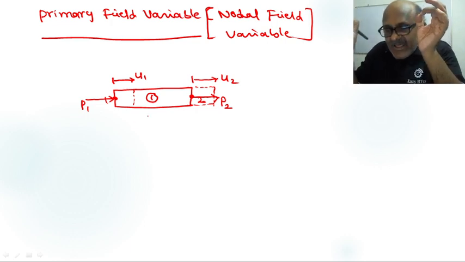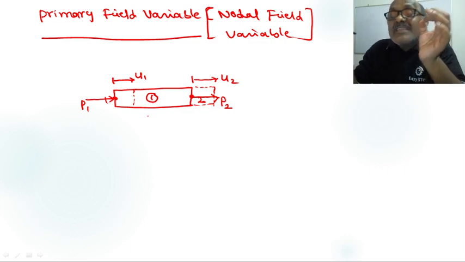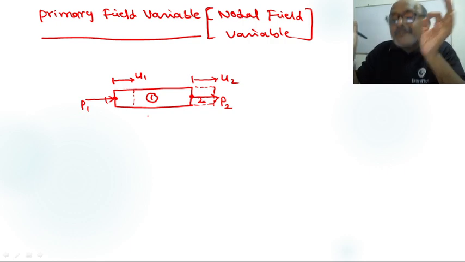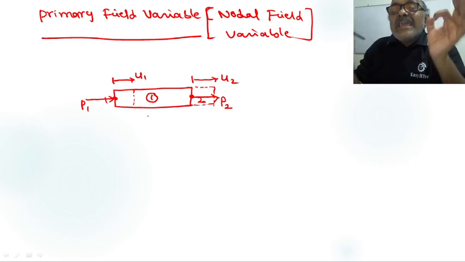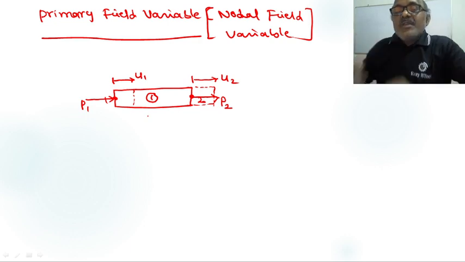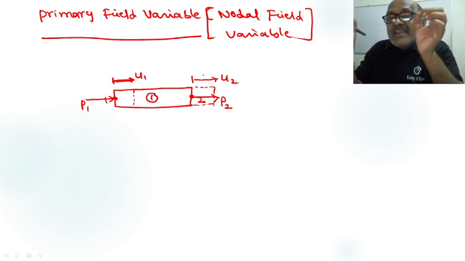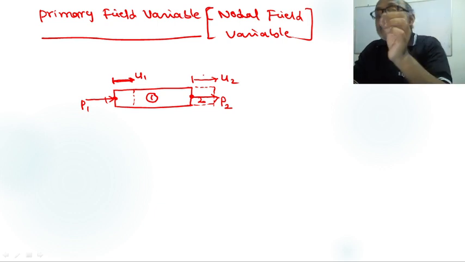Whatever the parameter which varies immediately with the application of the load in the domain, that parameter is called as primary field variable or nodal field variable, my dear students. Because of the load, node 1 is displaced by U1, node 2 is displaced by U2. Which parameter is varied here? The nodes are displaced.